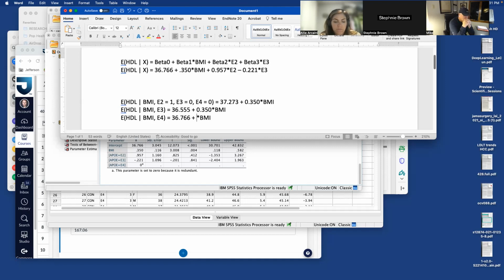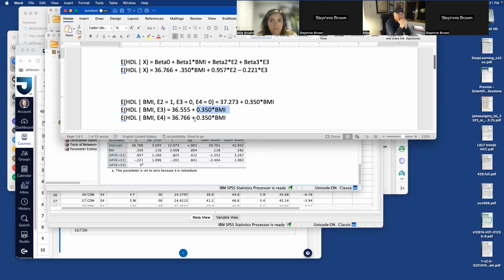So what we've actually done here is produced the equations for the 3 lines that would be on the plot. Notice they're all going to be parallel because they all have identical slopes. What differs is just their intercept.